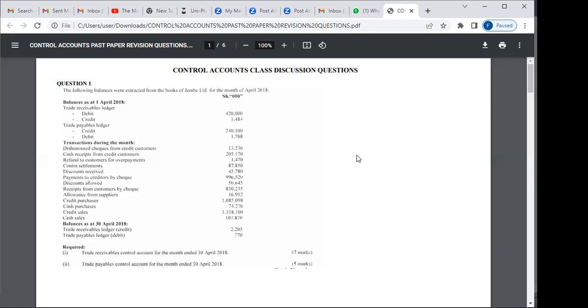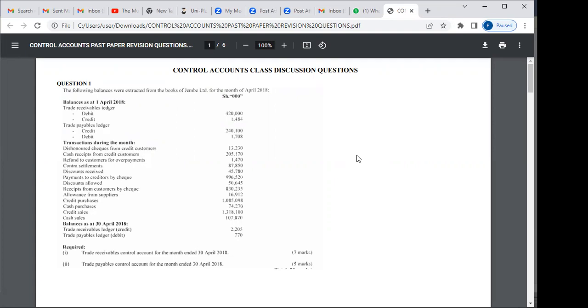Payments to creditors by check, it reduces the amounts that you are supposed to pay the suppliers, so you debit the purchases ledger. Discount allowed, it reduces what we are supposed to receive from the debtors, we credit sales ledger.